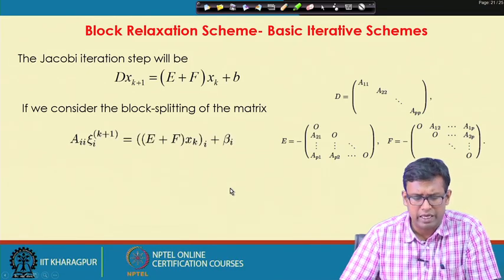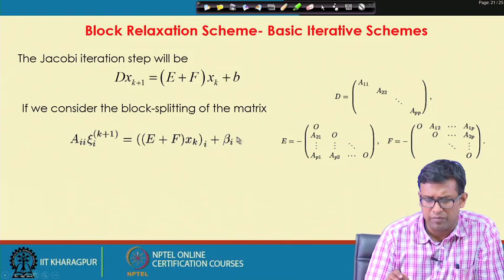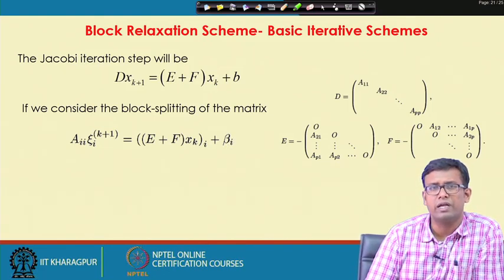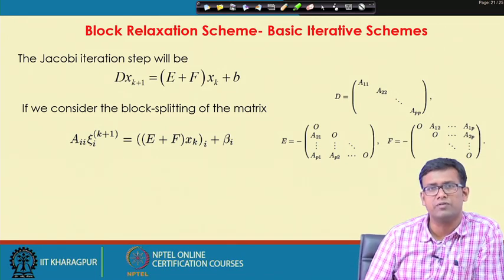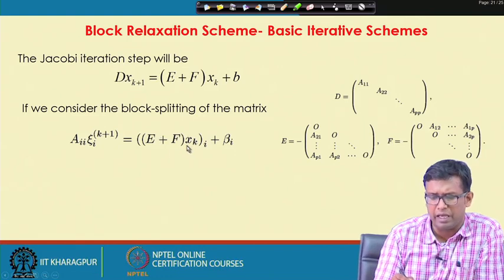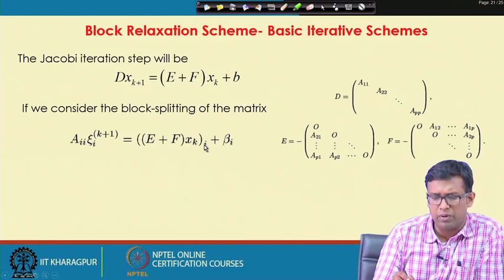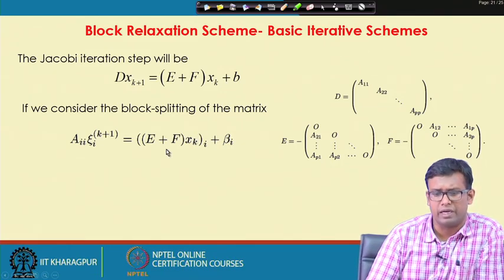So, this is Aii xi^(k+1) = (E+F) x^k + beta i. Here we are writing x^k, not xi, because x^k contains the entire solution vector, and the entire solution vector has to be multiplied with E and F, and each E and F has diagonal 0. So, that particular vector xi^k is not being multiplied with E and F.